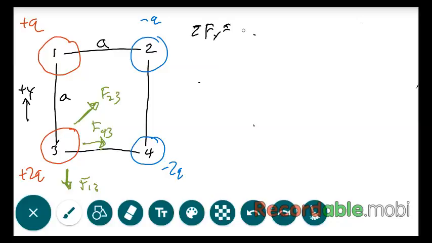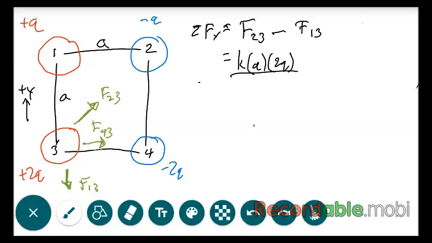Therefore, we're only going to use the force of 2 on 3 minus the force of 1 on 3, because the force of 1 on 3 is pointing downwards. So doing this one, the charge of particle 2 is Q, again using absolute value. Particle 3 is 2Q. The distance between them is, again, this is a square, so it's A root 2.